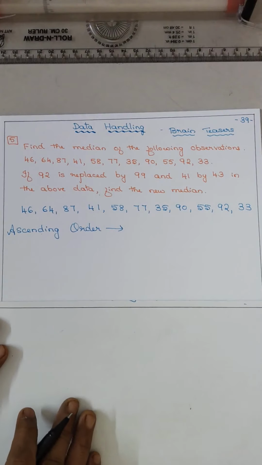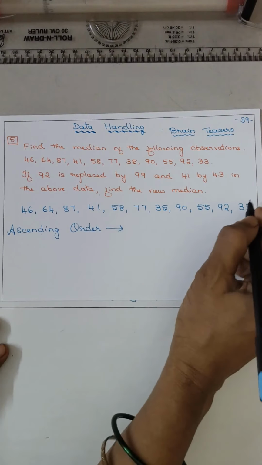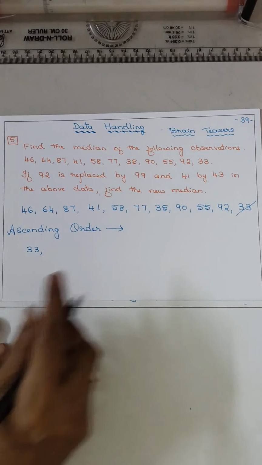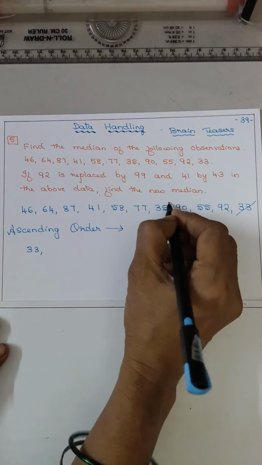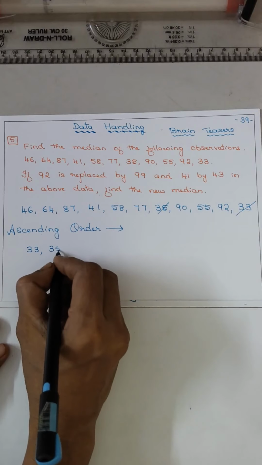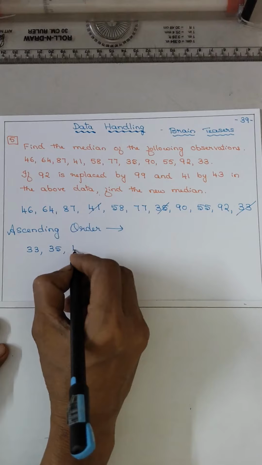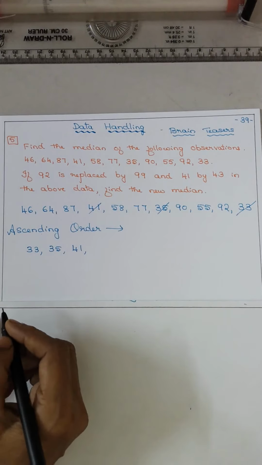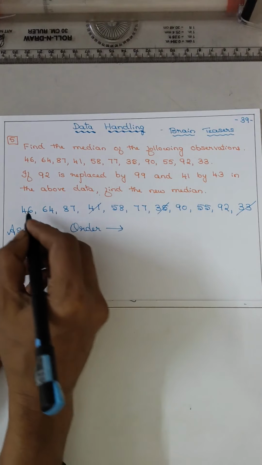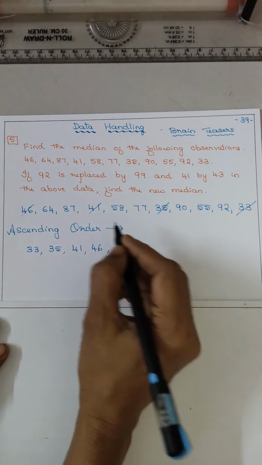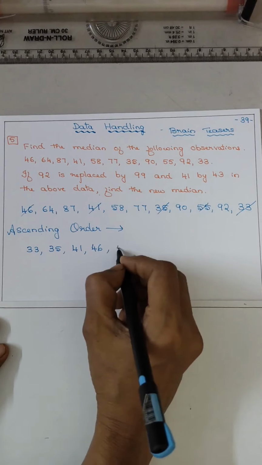Okay, ascending order. Start from the smallest, it is 33. Next is 35. Next is 41. Next 46. Next 55.